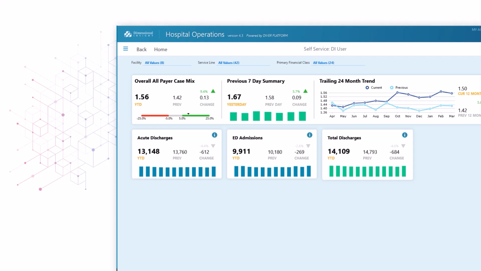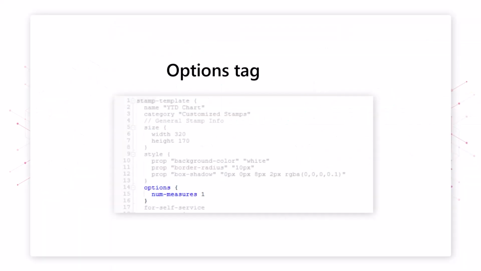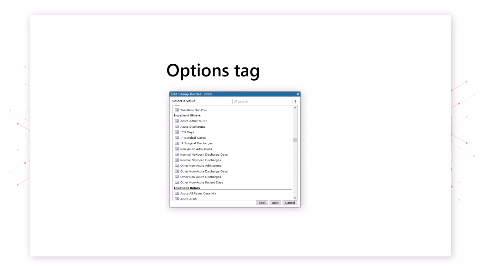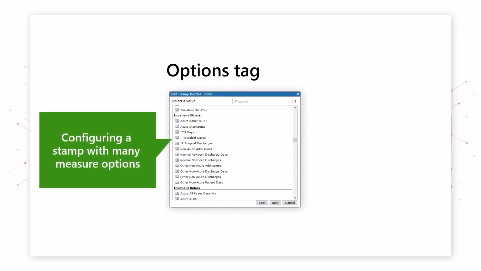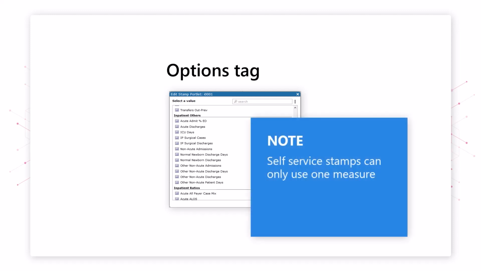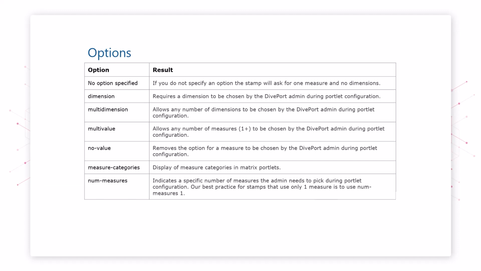stamp here in DivePort. The options tag determines how many measures and/or dimensions DivePort administrators can specify for a stamp when they configure the stamp in DivePort. Note that if you're making a stamp for self-service, you'll want to use one measure only. There are several different choices for options.